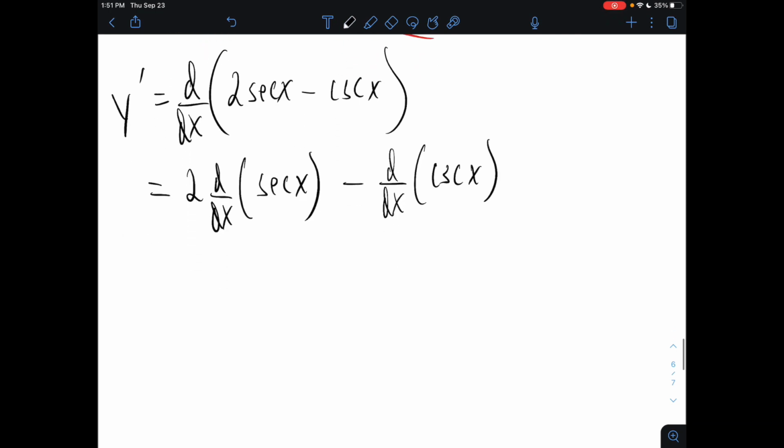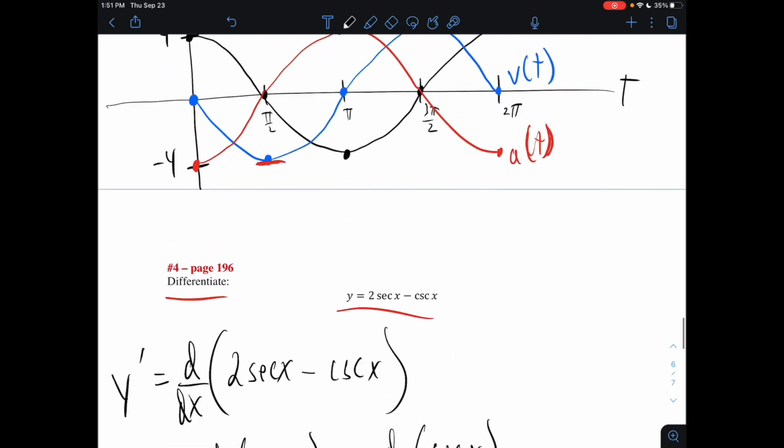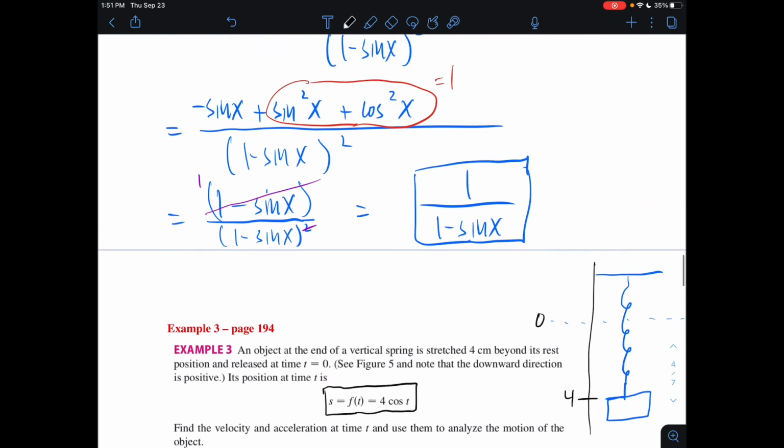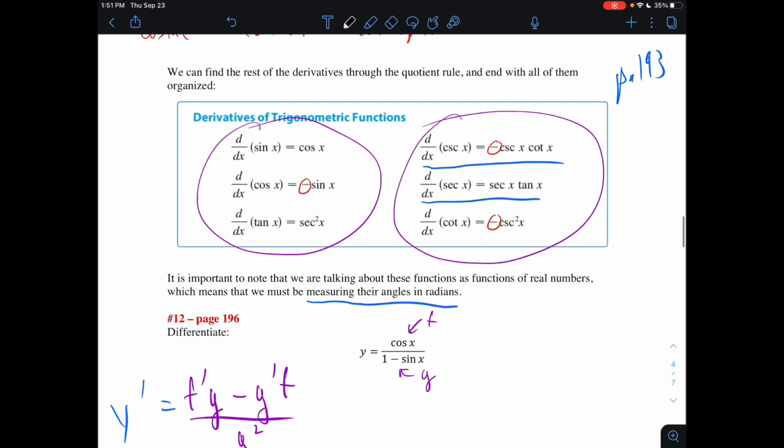And then those derivatives were mentioned earlier. The derivative of secant x is secant x times tangent x, and then the derivative of cosecant x is negative cosecant x times cotangent x.